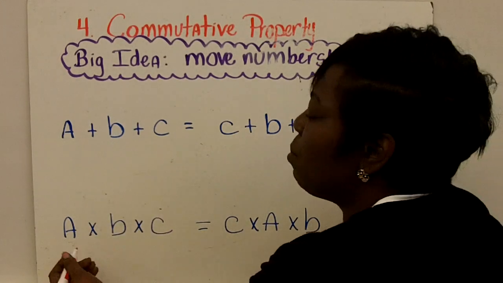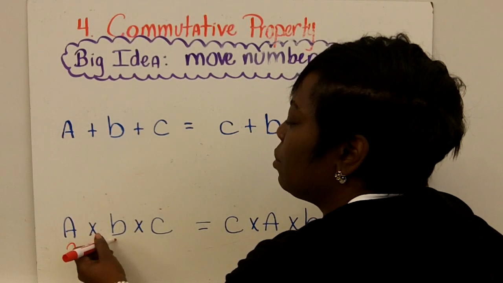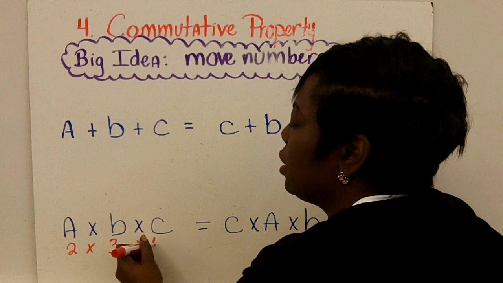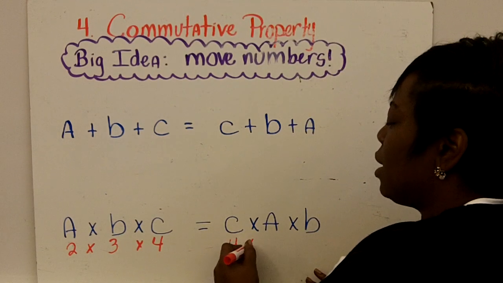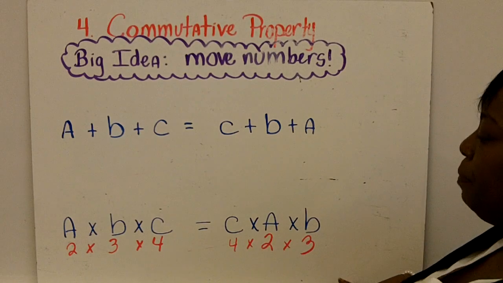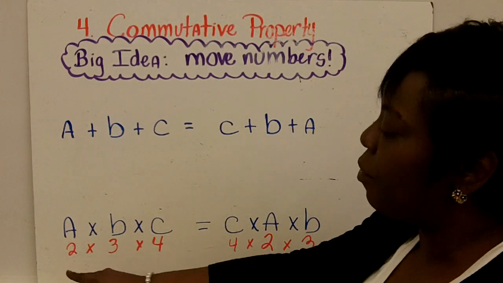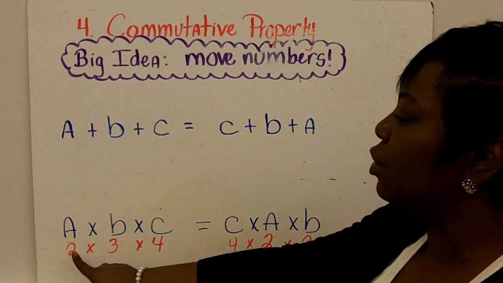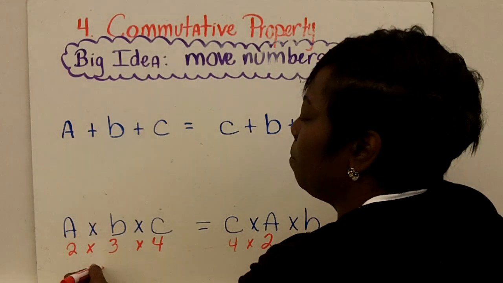So let's use multiplication this time. This time we're going to do 2 times 3 times 4. So C is 4, A is 2, B is 3. This is all multiplication, so order of operations says you're going to go left to right. 2 times 3 is 6, 6 times 4.